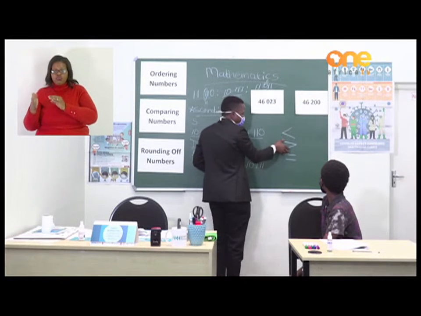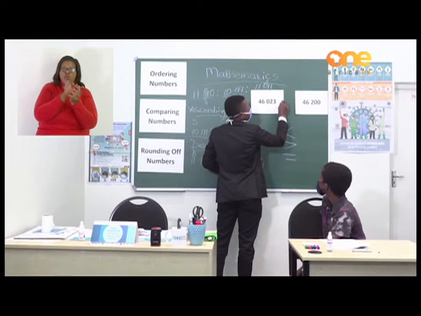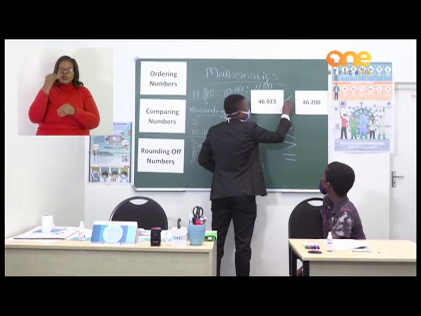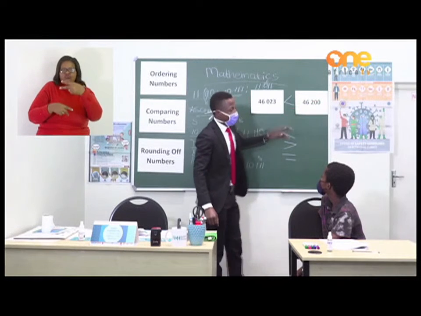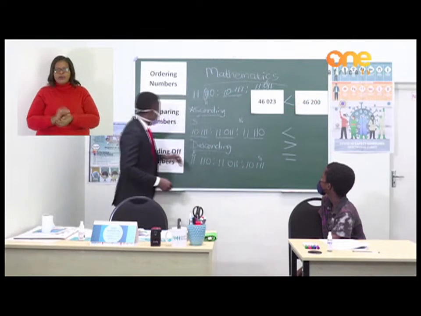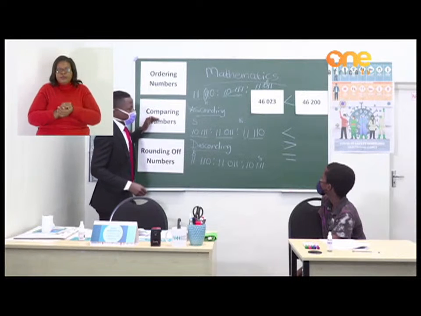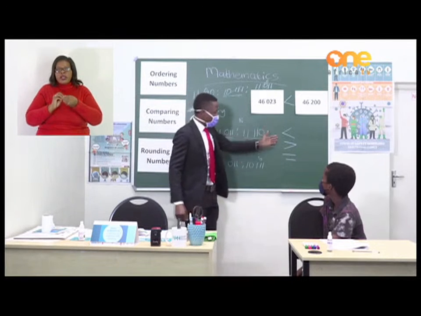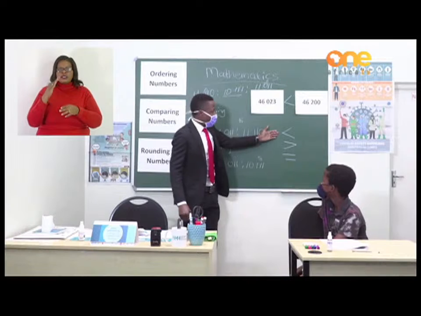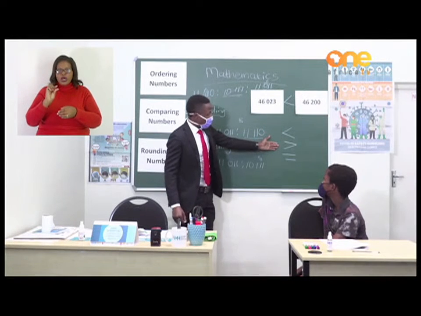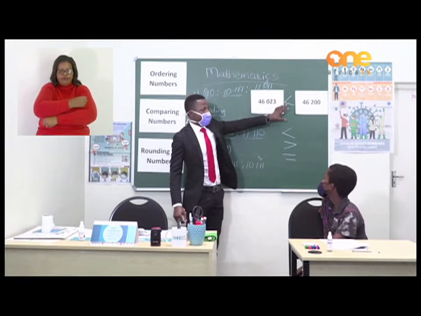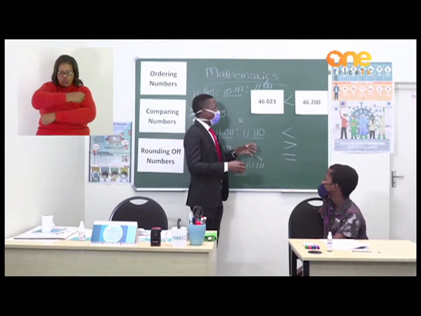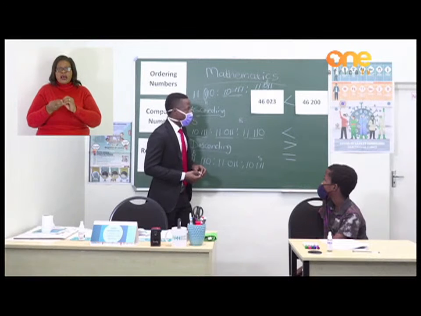So the crocodile here will obviously go and eat the number which is big. So in short, comparing numbers, we use the relationship signs, smaller than, greater than, and equal to, to see which number is bigger than the other.